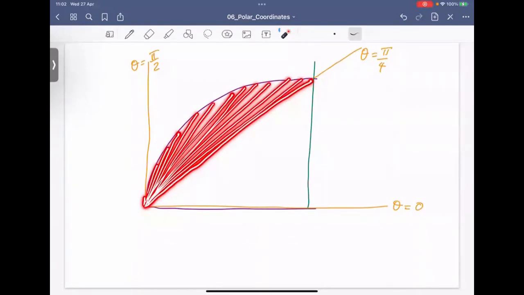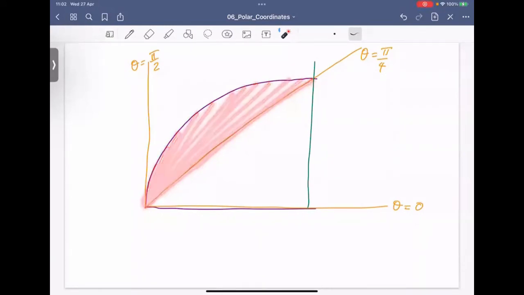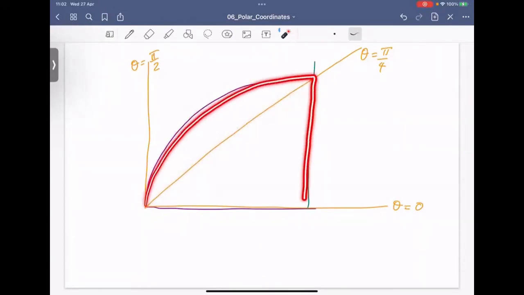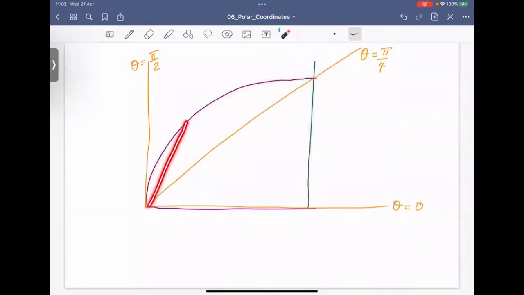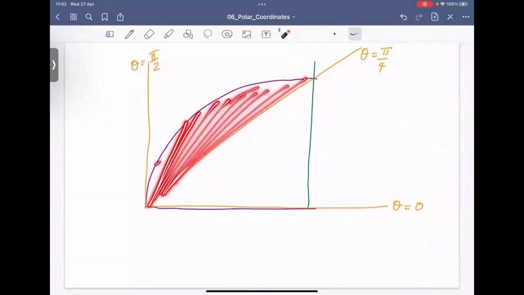When it gets close to pi over 2, there is still a length here, because you need to eat all the area of the region D. If you stop at this point, it's only this piece, so you still need more and more. At the end, it stops at pi over 2.